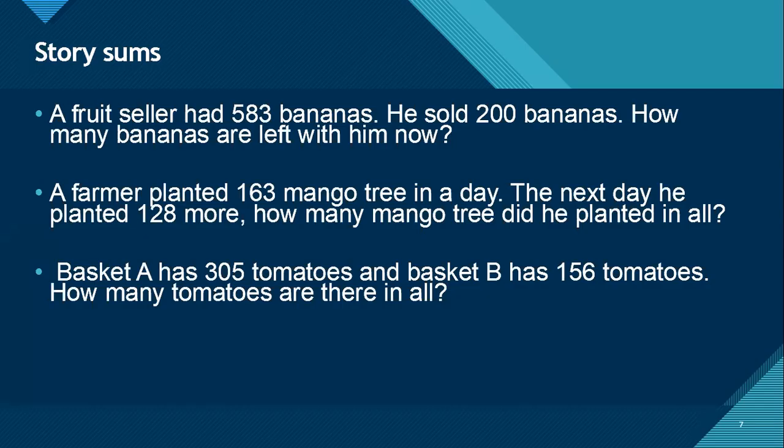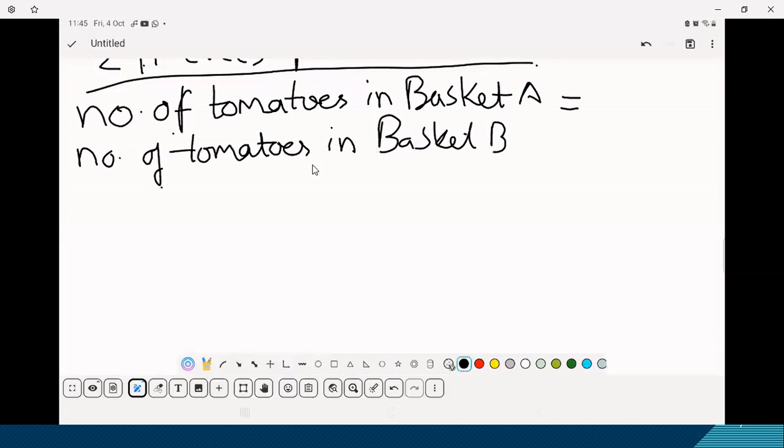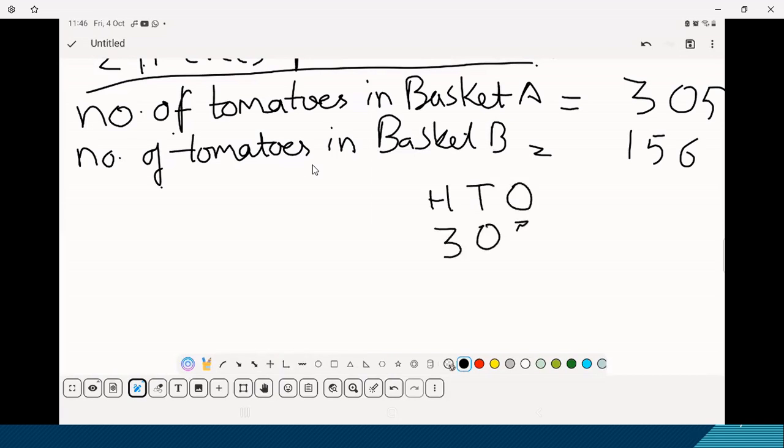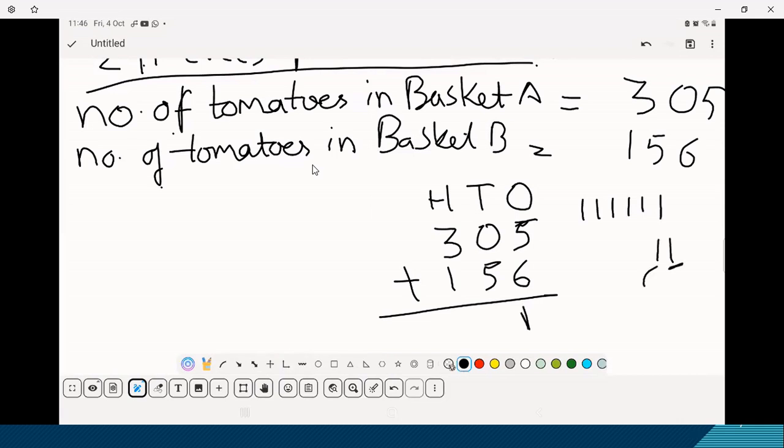So let me quickly check the numbers. 305 and 156. So simply we need to write the numbers in HTO pattern to add 305 and 156. 5 plus 6. We have to count 5 after 6: 6, 7, 8, 9, 10, and 11. This 11, one is added here, and this one is the carry.